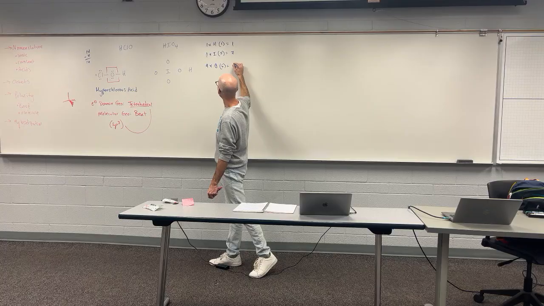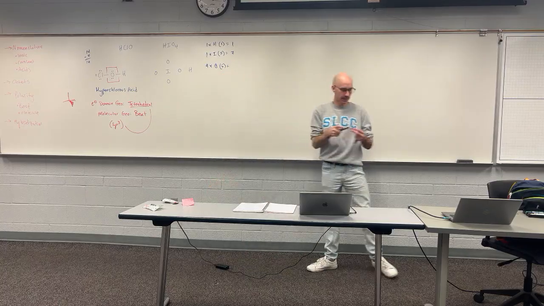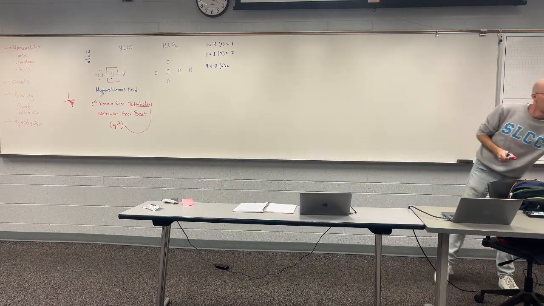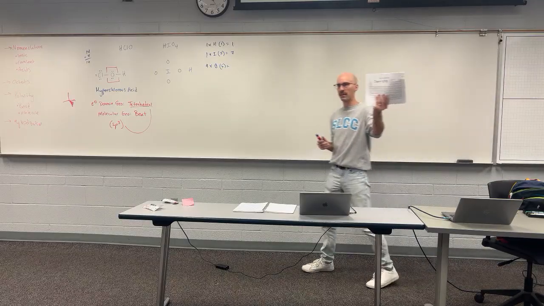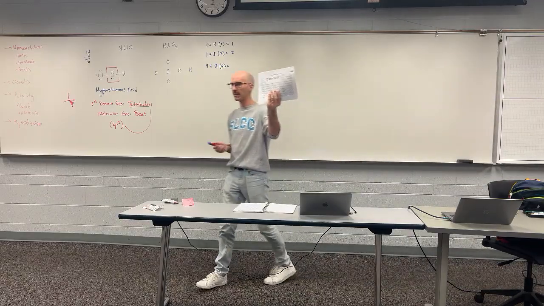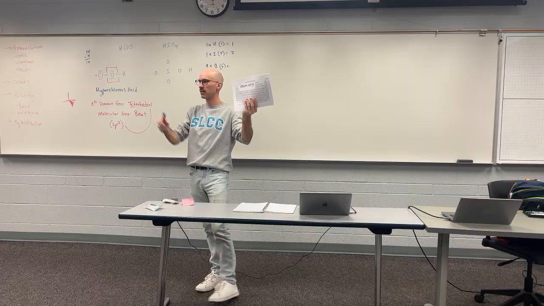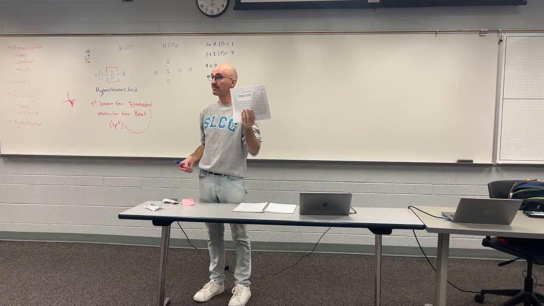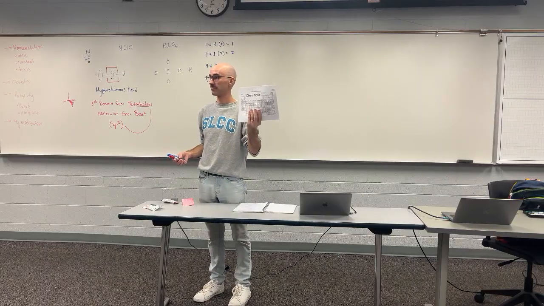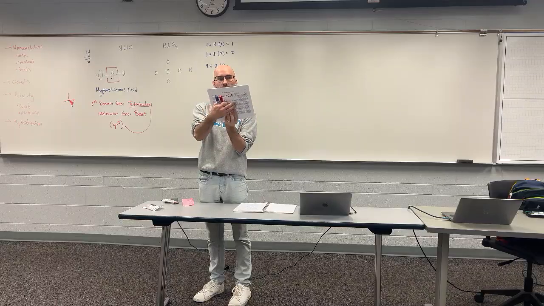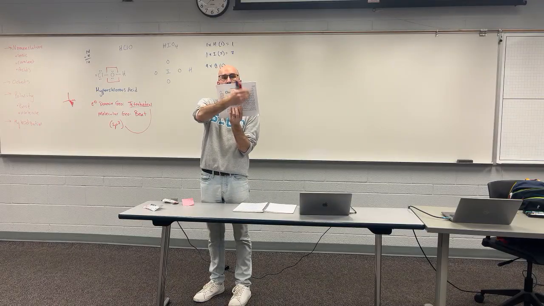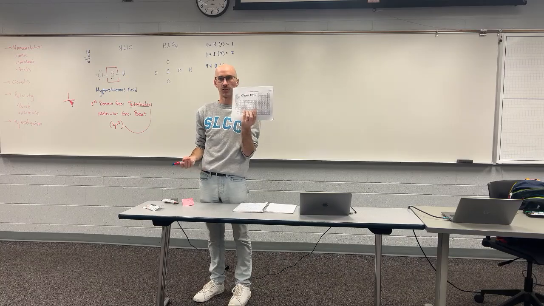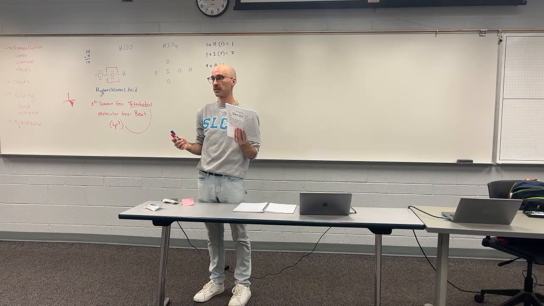Can somebody remind me how you can use your periodic table to find the number of valence electrons? Because oxygen is element 8, atomic number 8. How are you getting 6 electrons? Yeah, except for the transition metals and the inner transition metals. You can just look at that main group number that it's in. Oxygen is in group 6. That's its number of valence electrons.